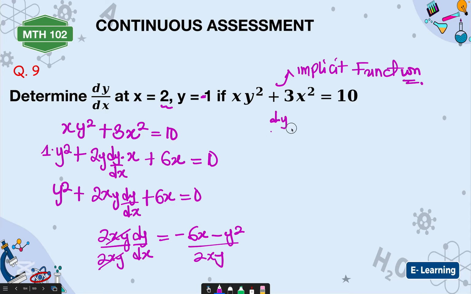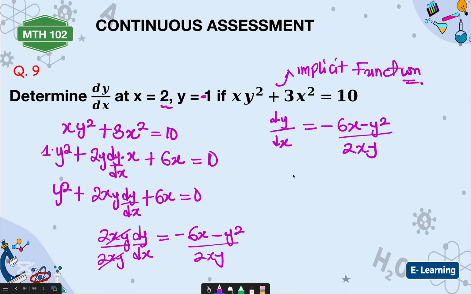Our dy/dx is equal to this whole thing you have here, which is minus 6x minus y squared divided by 2xy.